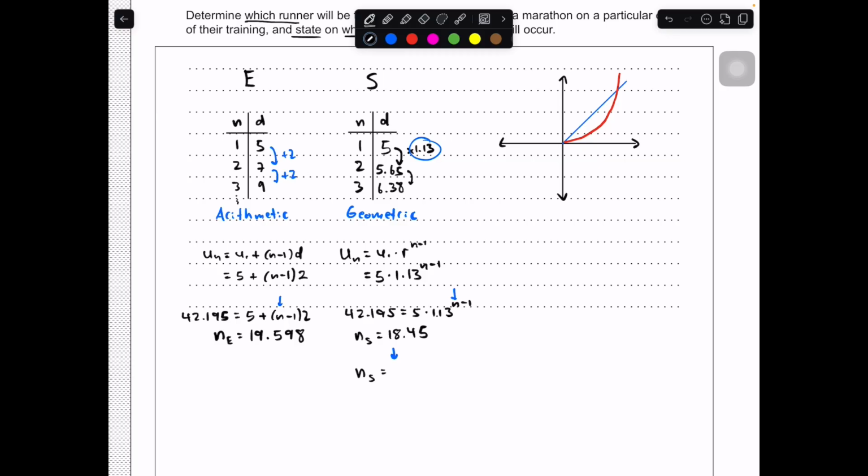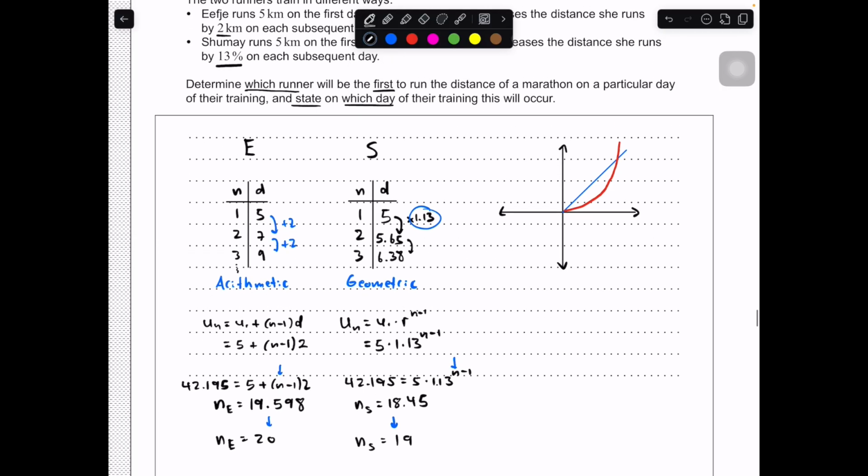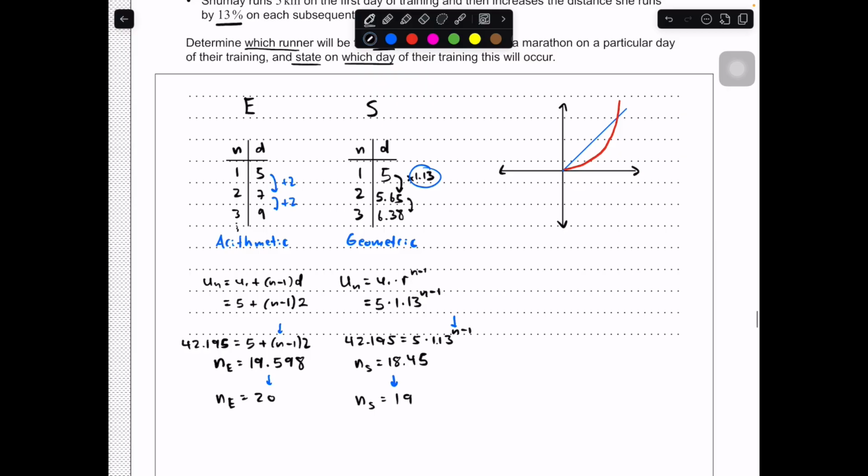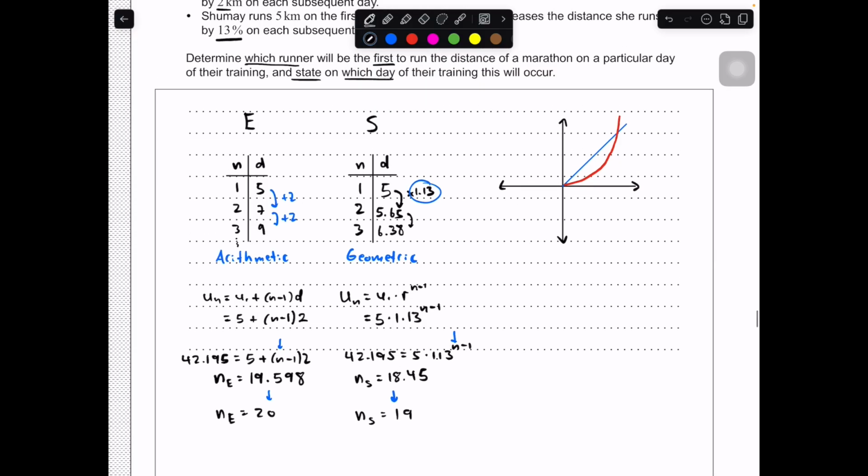She doesn't really practice on the 0.45th day, so it's not until the 19th day. And Efya similarly won't get there until the 20th day. So, who gets there first? It is Shumei, and she gets there on the 19th day. Alright, and there we have it. Yeah, I think that's good.